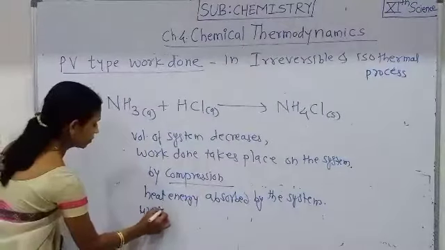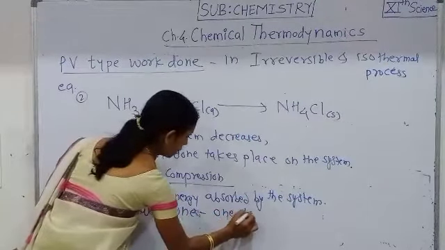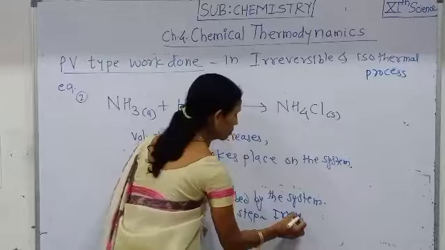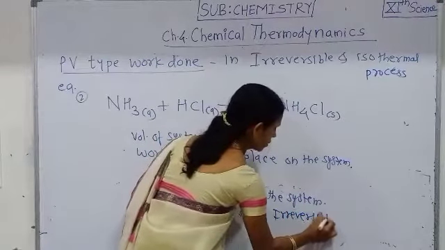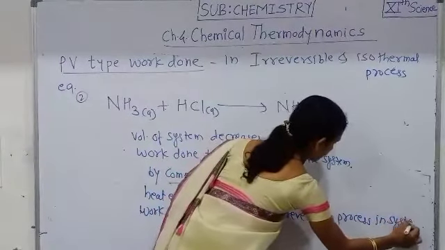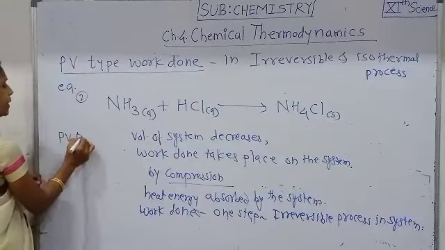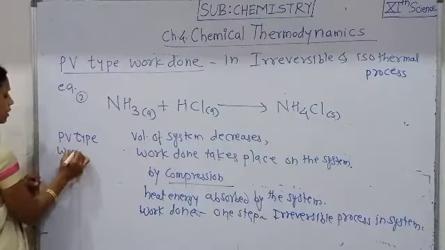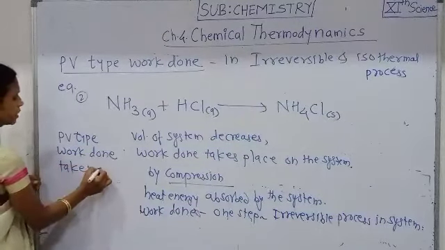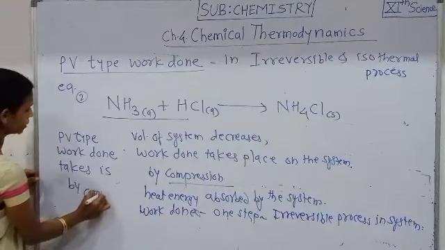And here work done takes place in one step, and that means an irreversible process takes place in the system, and therefore it is said that PV type work done in this process is by compression.